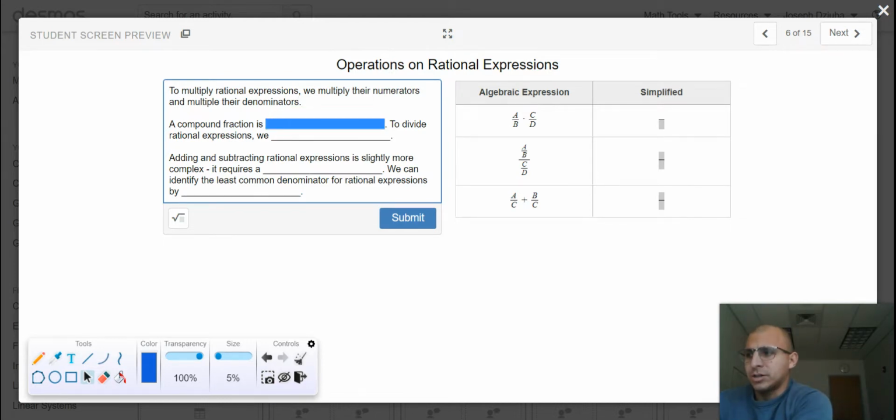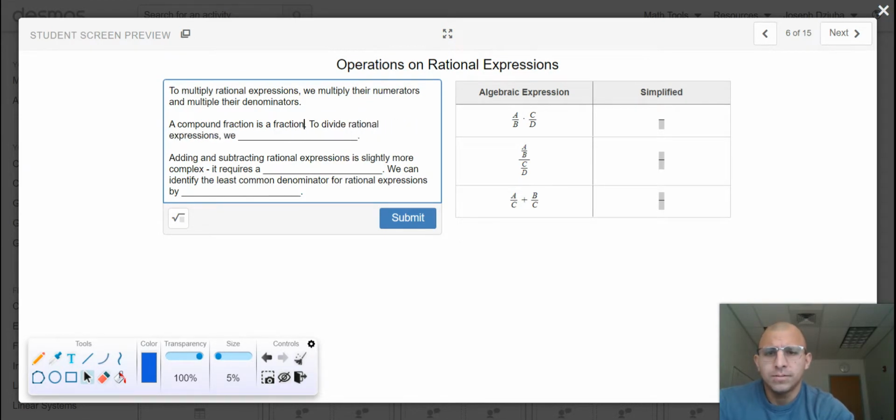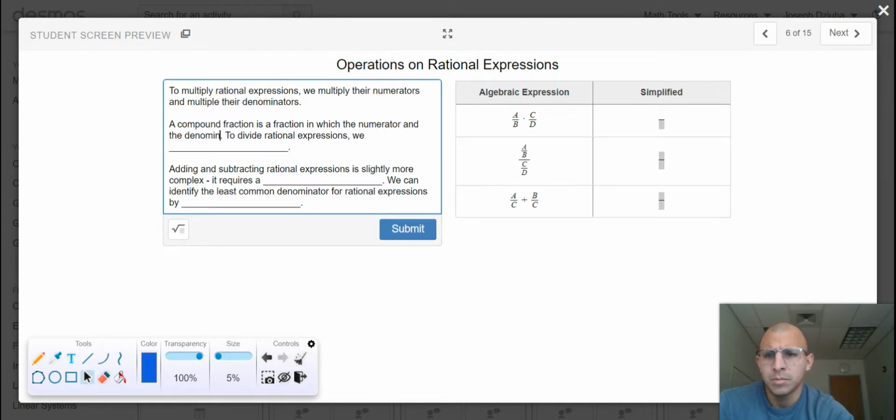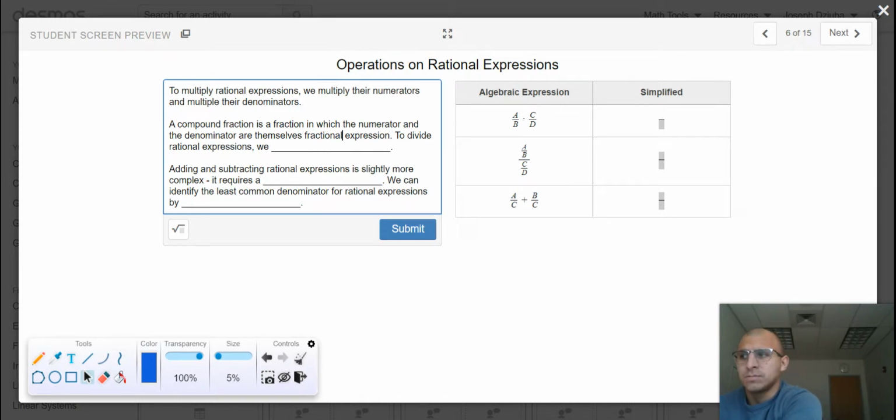Now, a compound fraction is a fraction in which the numerator and the denominator are themselves fractional expressions. That would be the second row of this table, a divided by b. Right, the numerator is a fractional expression. The denominator, c divided by d, is also a fractional expression.